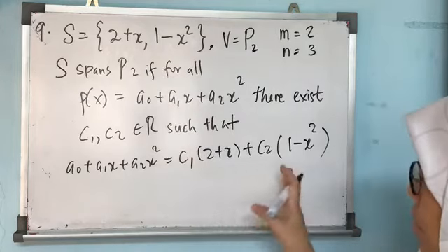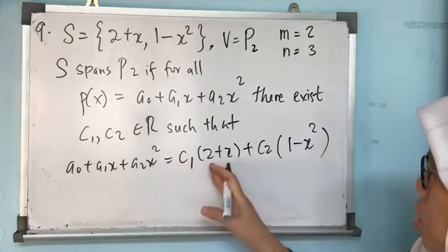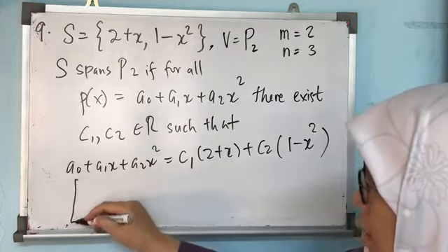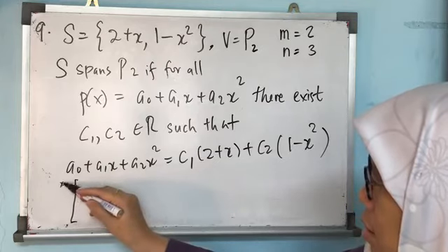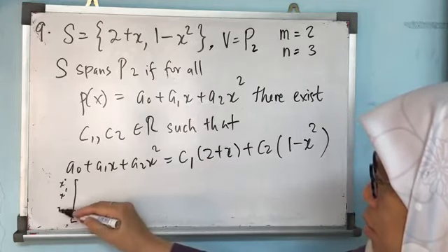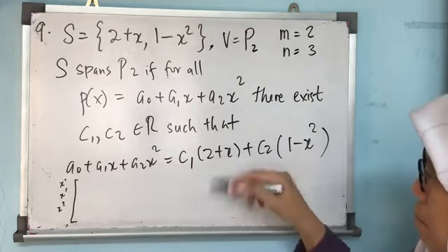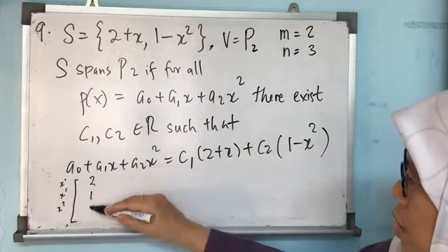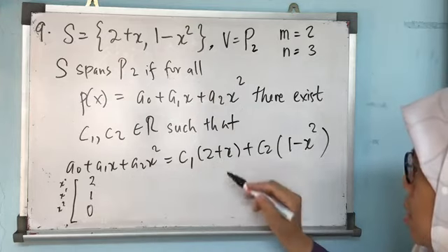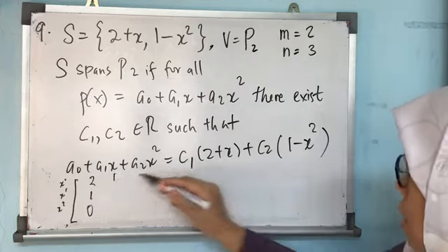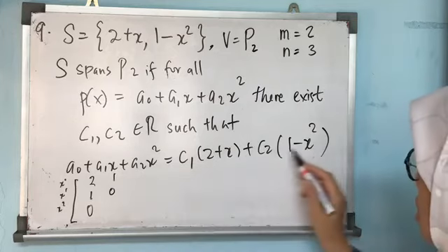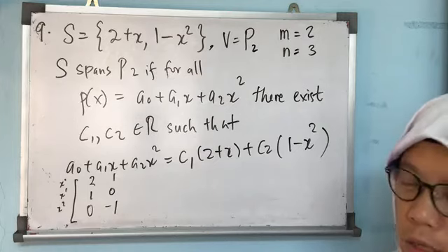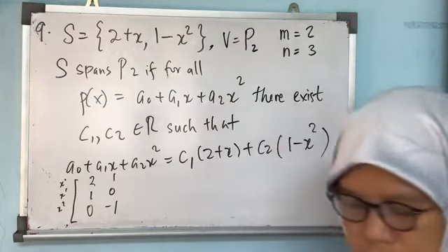R3. How do you solve this? You can multiply and so on, but last time, if you remember, I said this is to the 0, this is to the 1, this is to the 2. So you just write as a column 2, 1, 0. For this one, 1, there is no x, negative 1. Suddenly I'm so hot.